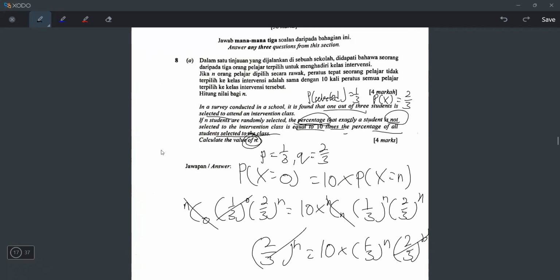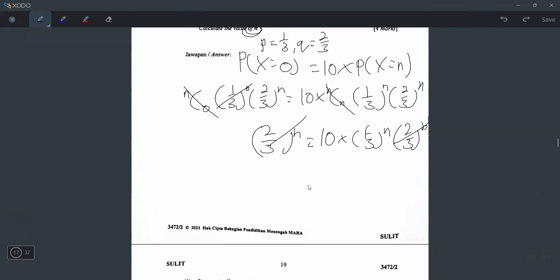This one can cancel. And then I think it's like 1/10 equals to 1/3 power n. And then for n, add log to both sides. And then you divide, and then you get the answer like that, right? I will just go through. I won't do it, I just go through with you. But that's how you do it. You can do it by yourself. If you're not sure, you can ask me. All right.